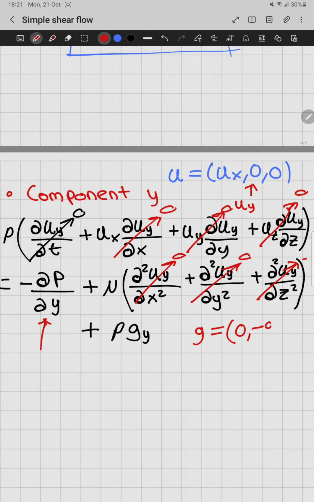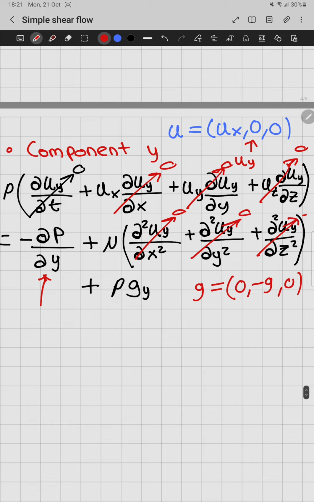We have something like this. So the equation in component y is actually going to take this form. 0 is equal to the pressure gradient plus this. And well, this is actually like this.